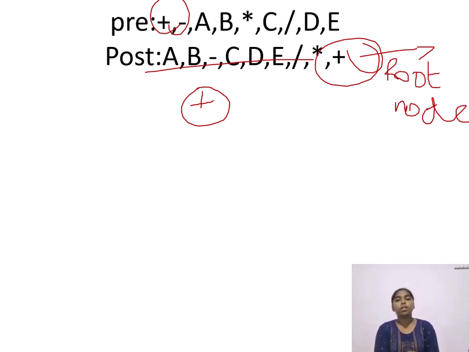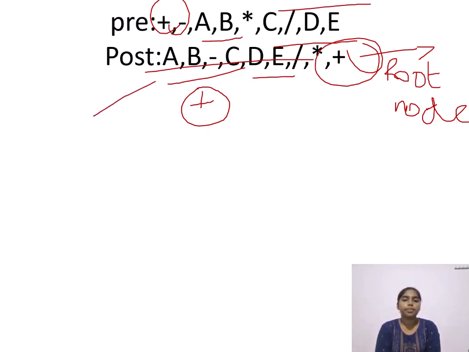So here, these are the left subtree and these are the right subtree. And here in post-order, the first ones are the left subtree and the last ones are the right subtree. Left subtree.